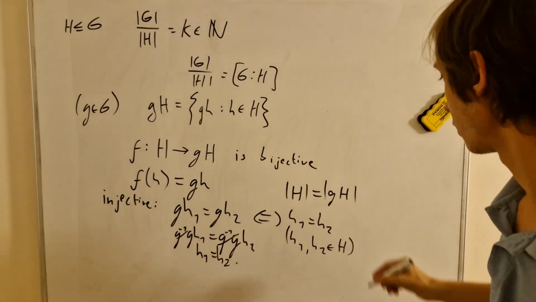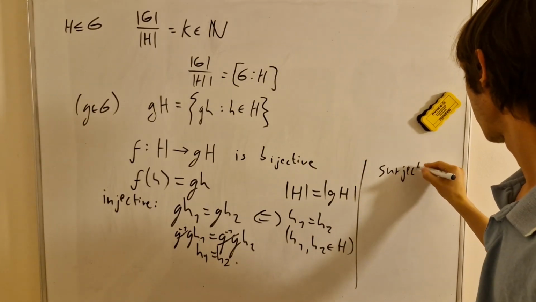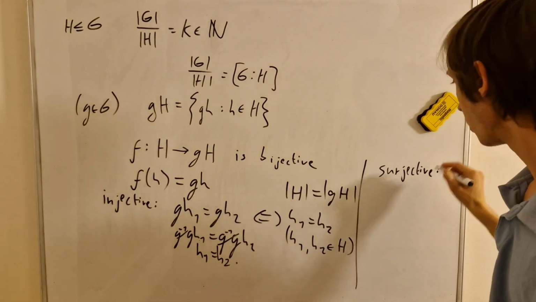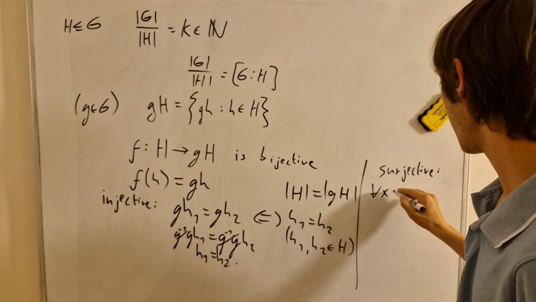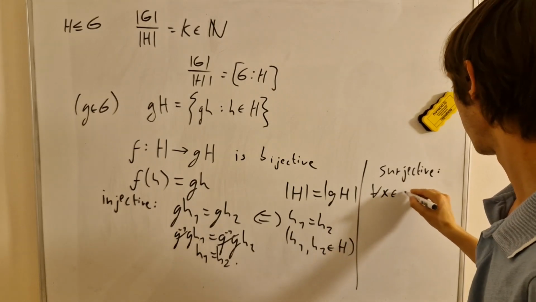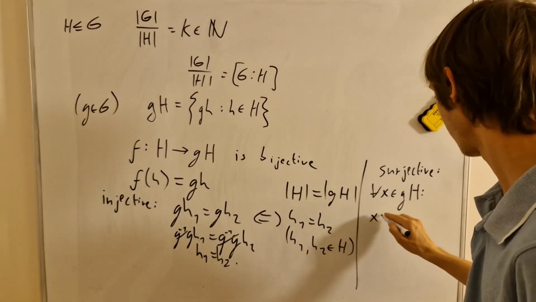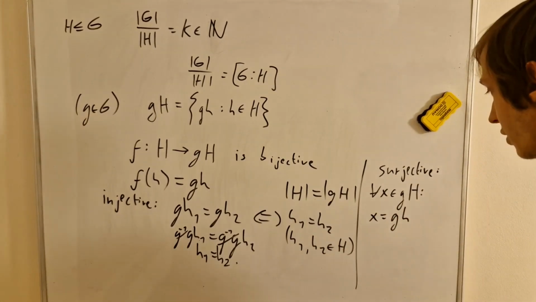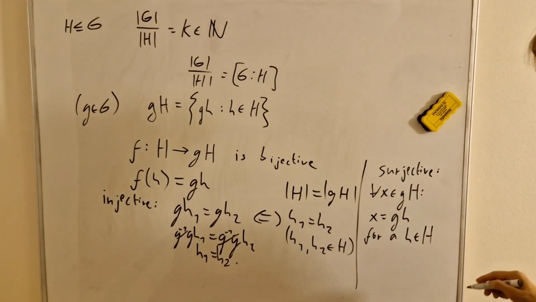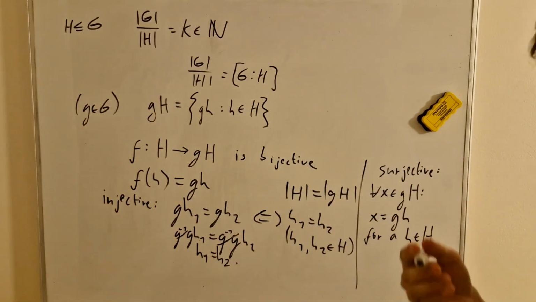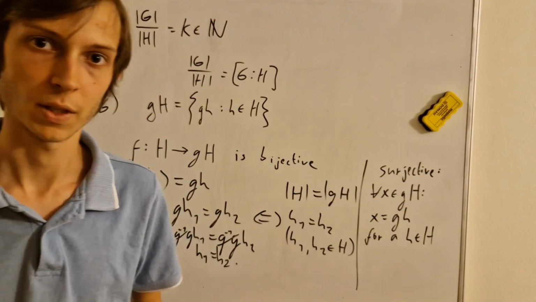And now let's also look at surjectivity. Any member of the coset gH is equal to g times h for h inside that subgroup. What surjectivity asks is that every output has some input that we can trace it back to.